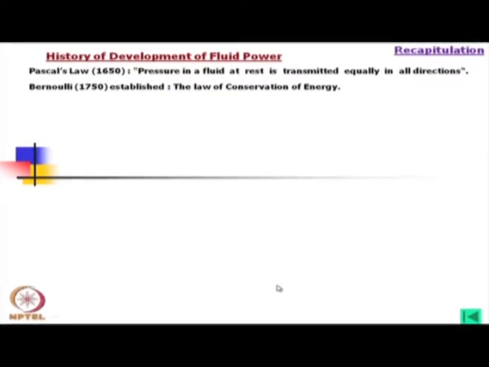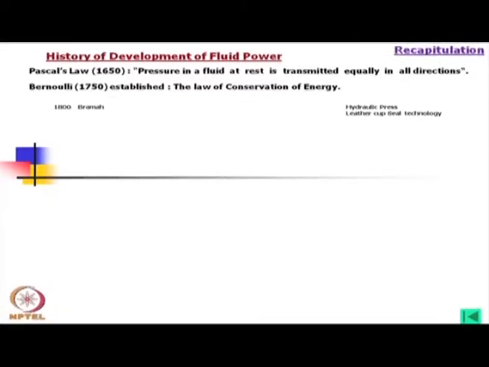Now, another thing: Pascal's law is from 1650. When this law was first invented, perhaps people were thinking of using this pressure energy for transmitting power. Then Bernoulli in 1750 first proposed the law of conservation of energy, and then perhaps the theory part of fluid power started developing. Then in 1800 Bramah first invented the leather cuff.